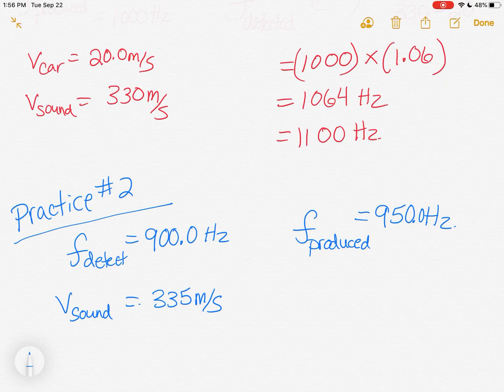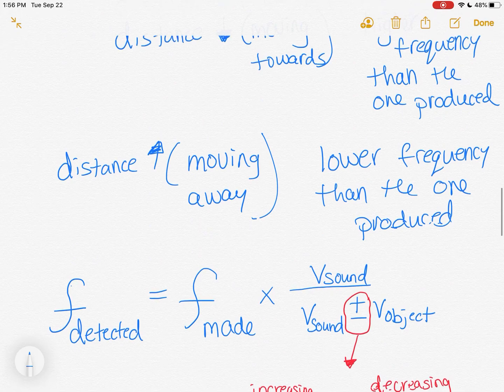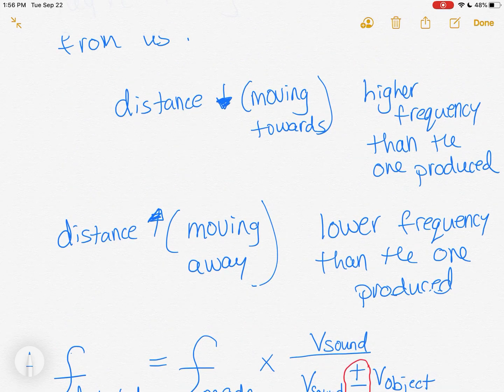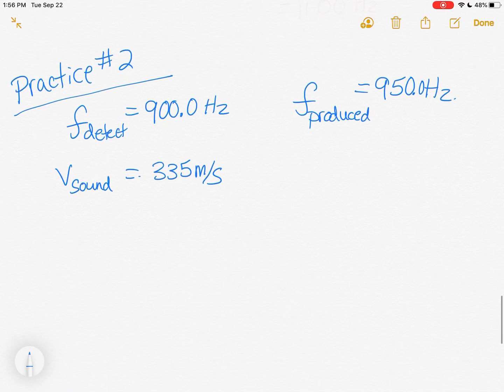Since we're dealing with a detected frequency that is lower, I just want to remind you what that means. A lower detected frequency than the one produced means that we're moving away. Moving away means we're going to use a positive sign in our formula.